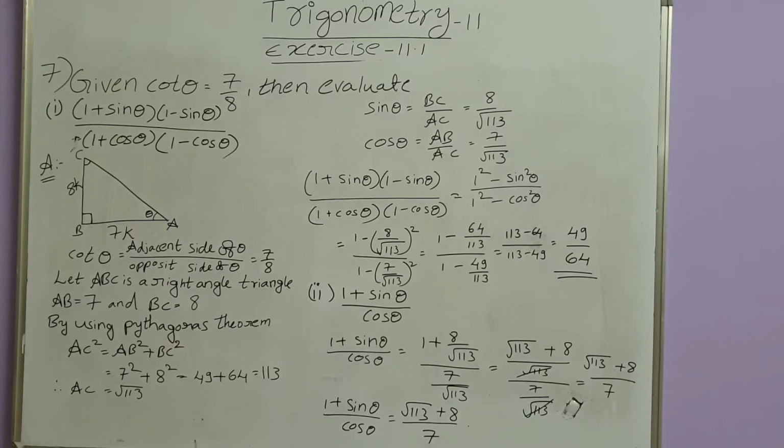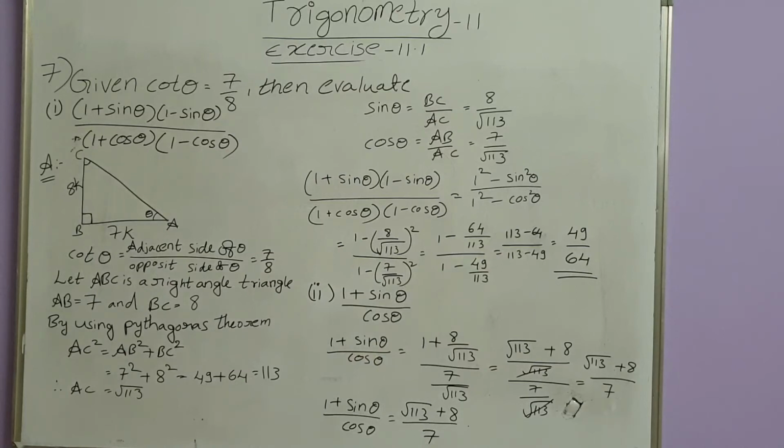In this 7th question, the second one is 1 plus sin theta by cos theta. Here sin theta value and cos theta values are there. You can substitute here. 1 plus sin theta value is 8 by under root of 113, by cos theta value 7 by under root of 113. Take LCM of this under root of 113.